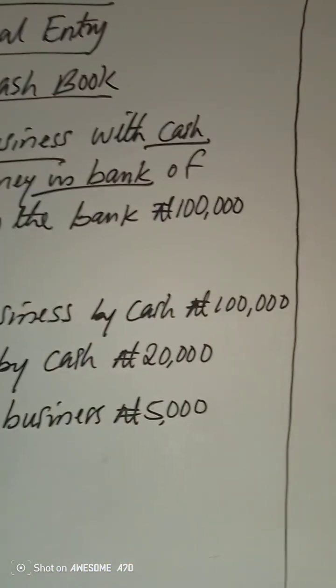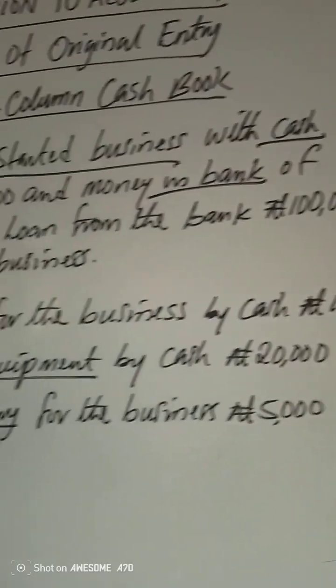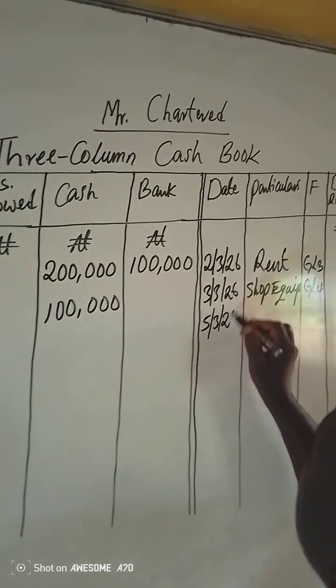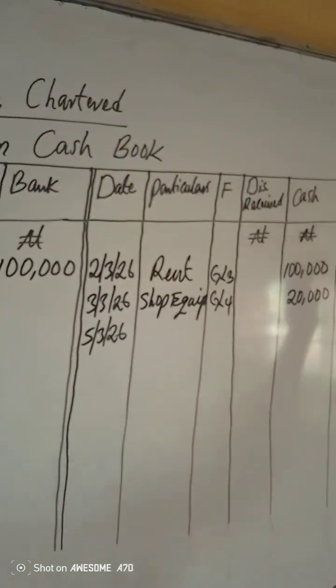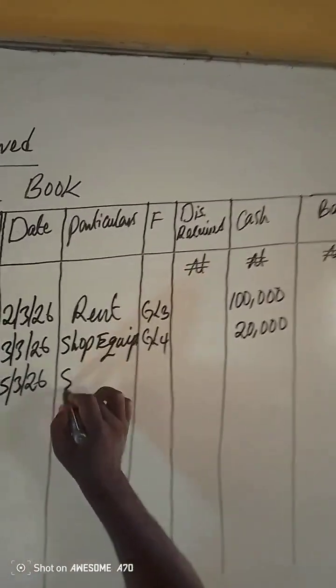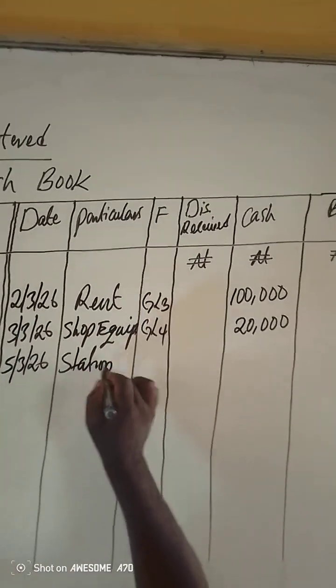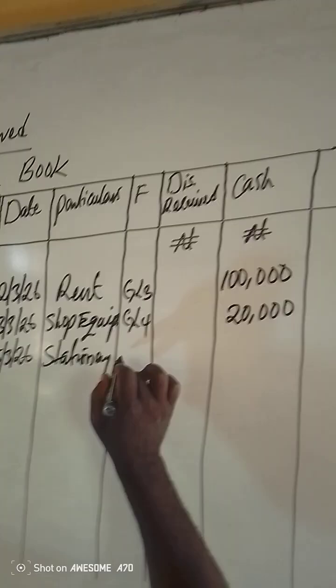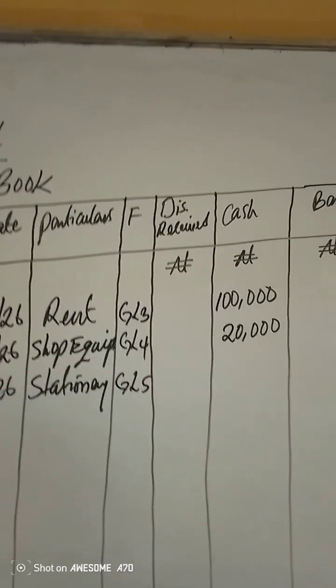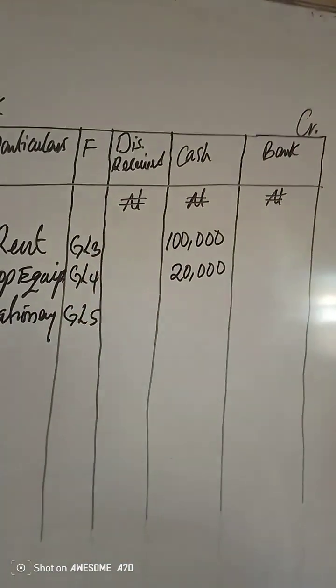Money is going out to acquire stationery. They now come here on this date, which is the 5th of March 26. It should be under cash because it is cash that is going out to acquire stationery.